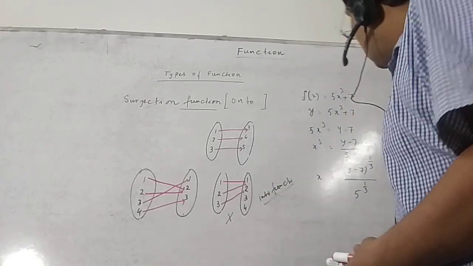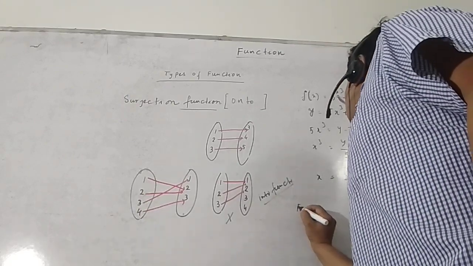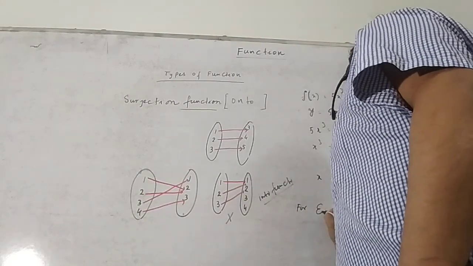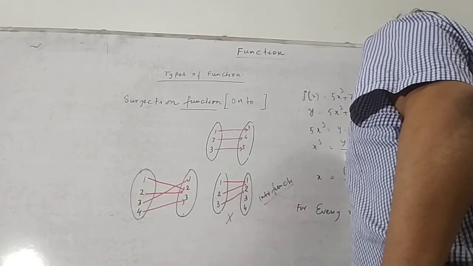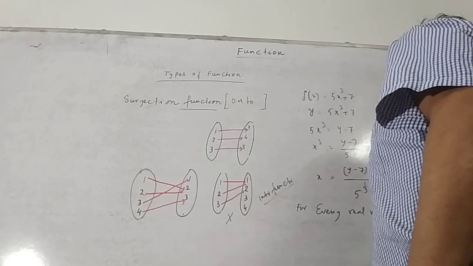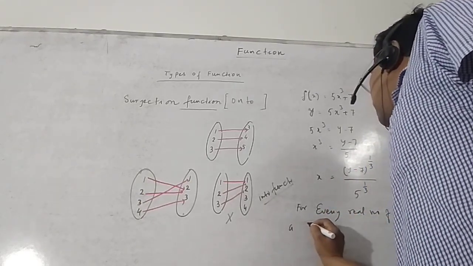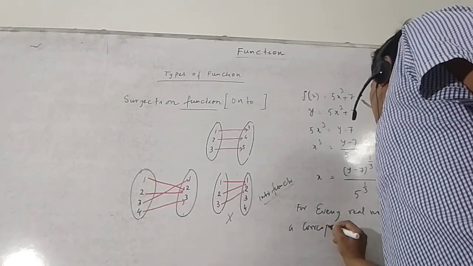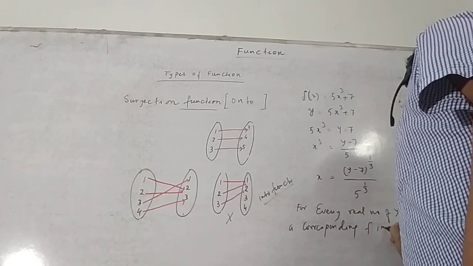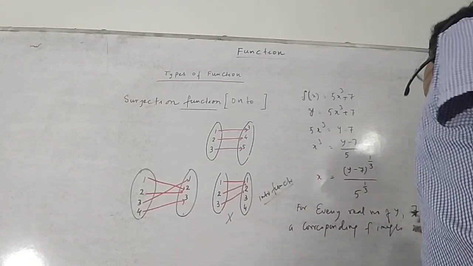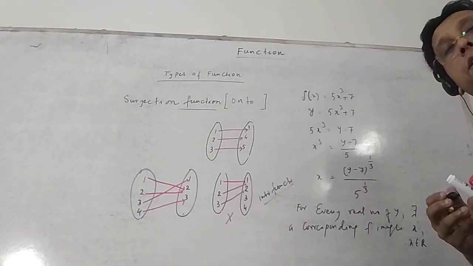What you should write is that for every real number y, there exists a corresponding pre-image x, which also belongs to the real numbers.